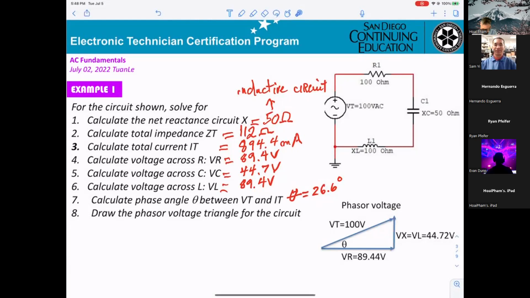Okay. Then you connect this one here. That's the total voltage. Normally the formula will be VT equals square root of VR squared plus VX squared. And this is the phase angle. That will be positive, not negative. If they are going down, then they will be negative.